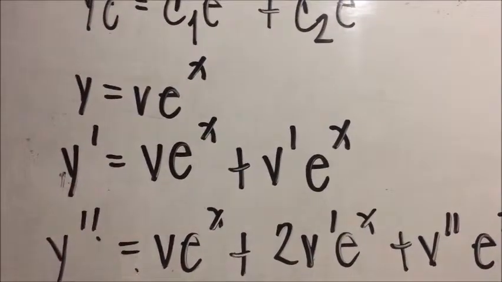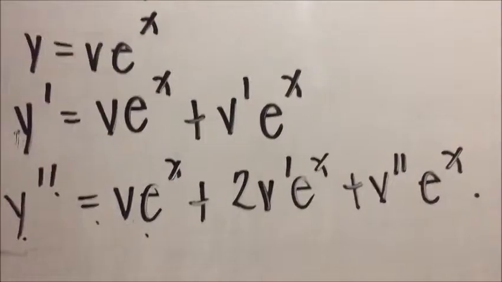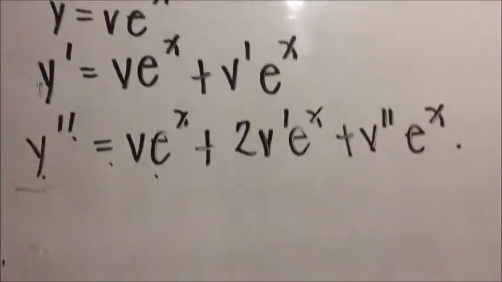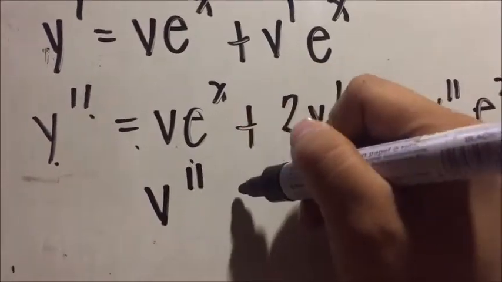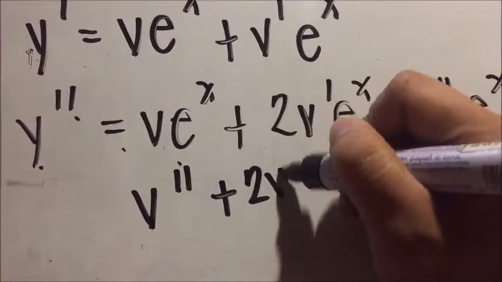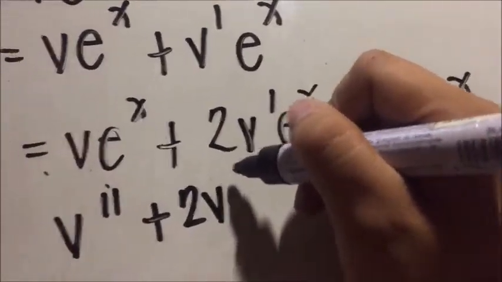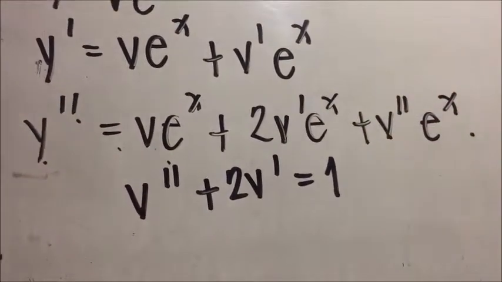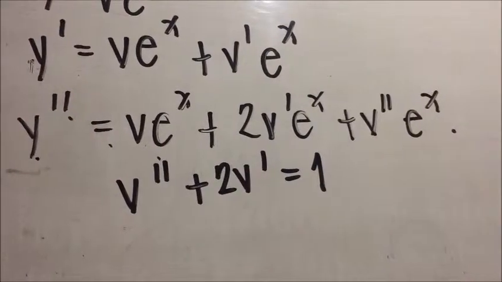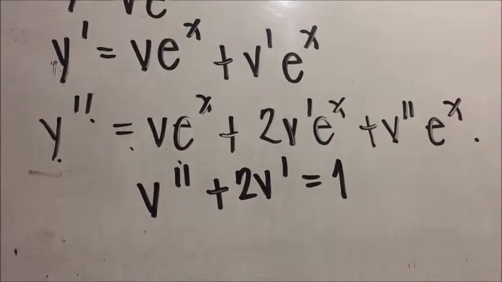Substituting into the equation gives v double prime plus 2v prime is equal to 1. Equation 8 is a first order linear equation in the variable v prime.